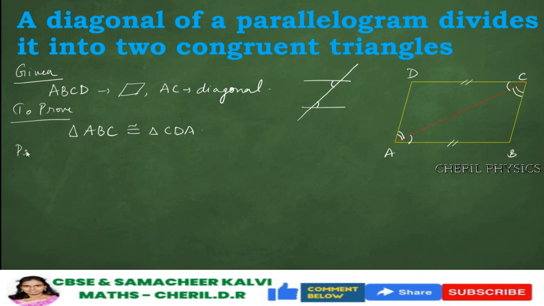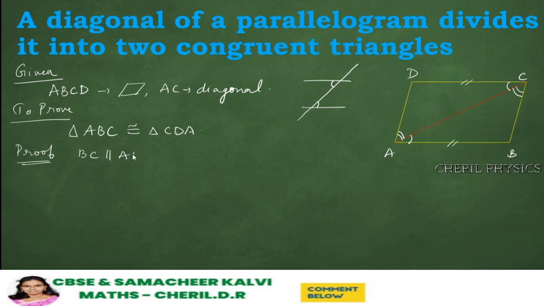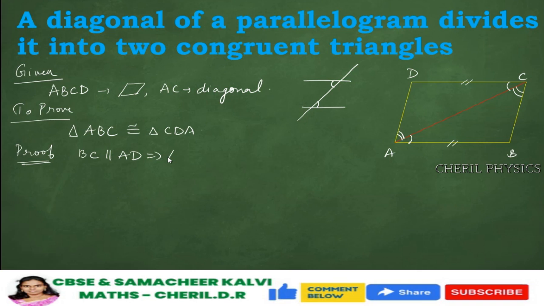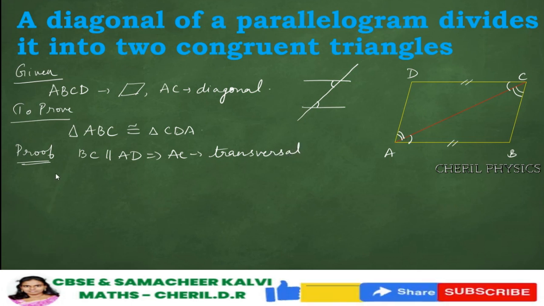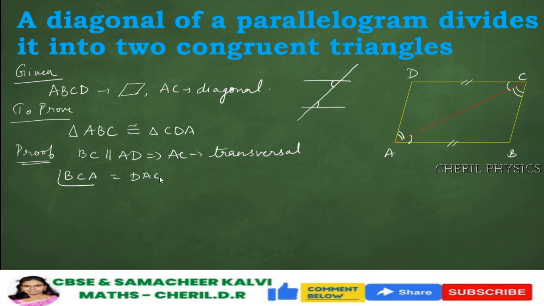Now we are getting into the proof. We know that BC is parallel to AD. So AC is a transversal. That is, the diagonal AC is a transversal. In that case we can say that angle BCA is equal to angle DAC.